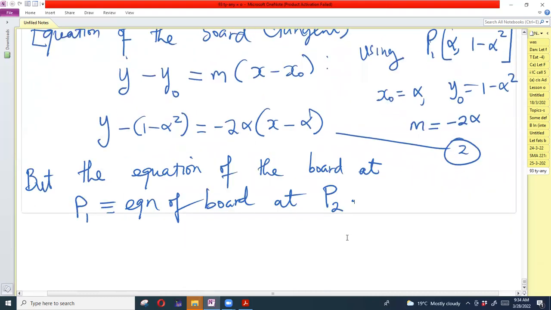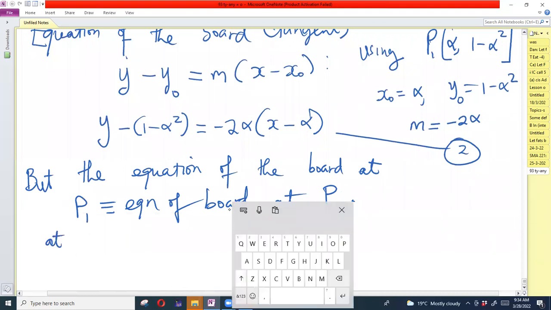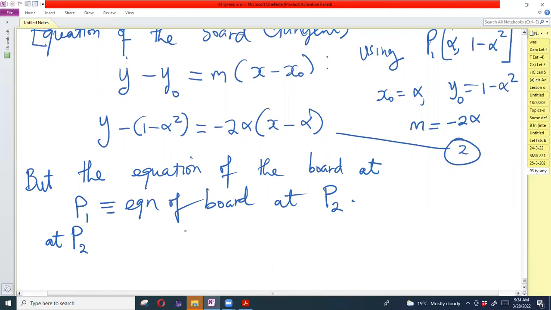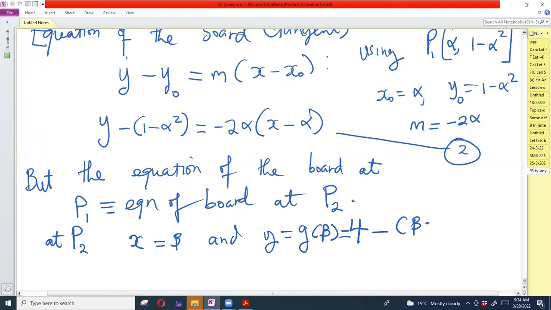So at P2, x is given by beta, and y is the same as g of beta, which is 4 minus beta minus 4 squared.